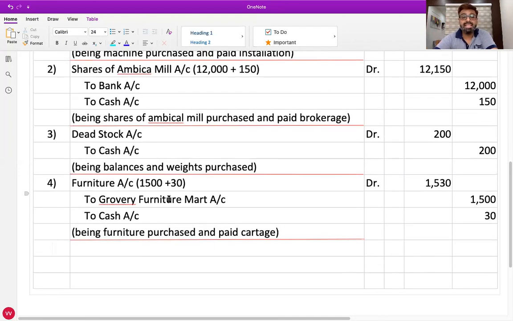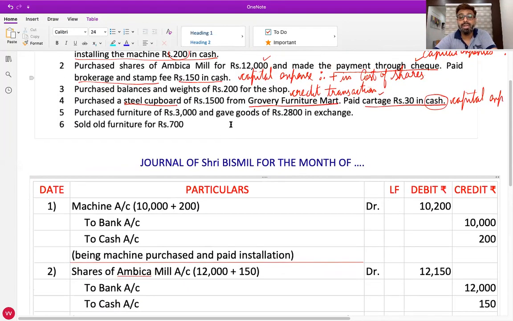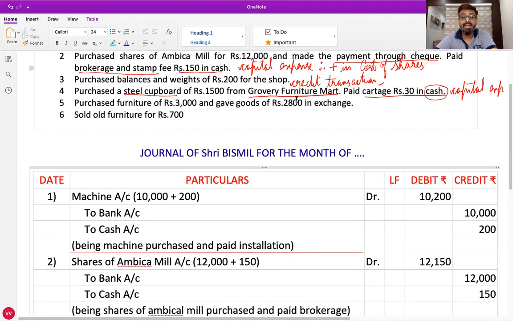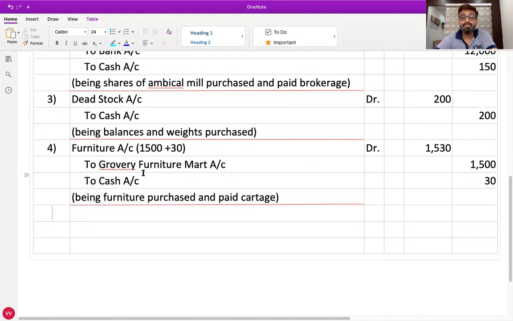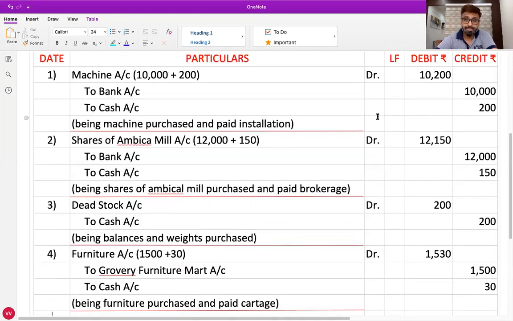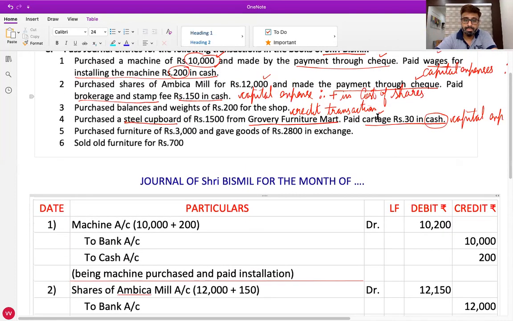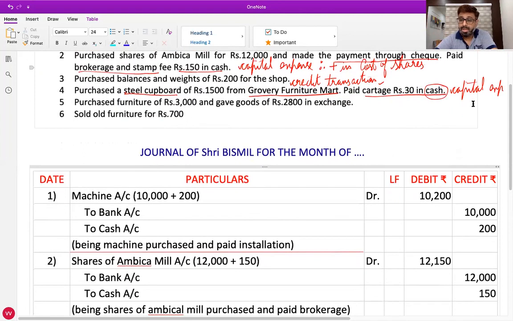Name is given means it's a credit transaction. So repeat, Grovery Furniture Mart is the giver. Credit the giver. So Grovery Furniture Mart account 1500. And we have paid cartage of 30 in cash.